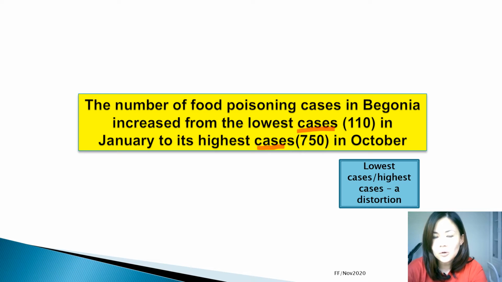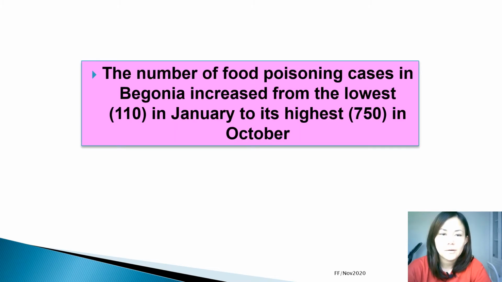So there is no need for you to mention cases again in your writing, because the lowest cases, what is it supposed to mean? You are saying the lowest, but why is it in plural form, cases? Whereas the number of food poisoning cases already means it is the lowest or the highest. So this would be distortion. Distortion is similar to inaccuracy. So you are not making the analysis or synthesis correctly. Take note.